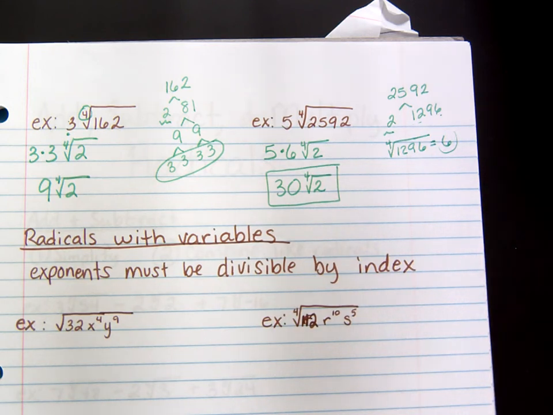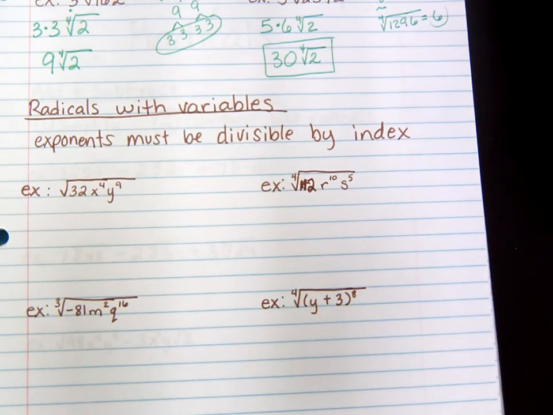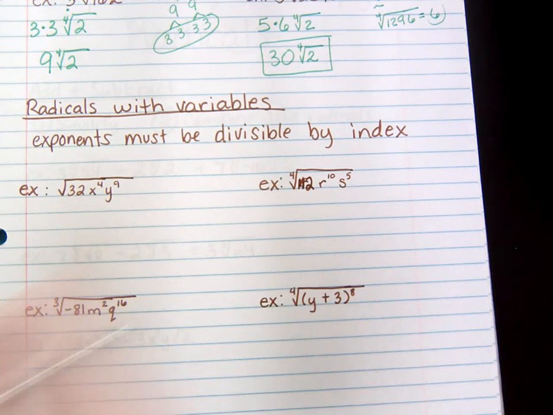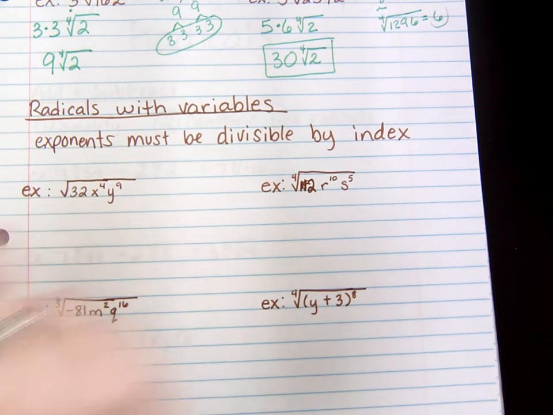Now, let's say you have variables in your radical. What I do is I break them down into two separate roots, square roots, fourth roots, cube roots, whatever it is I'm working with. So let's take this one for example. I'm going to start by simplifying the number just like I would any of the others.